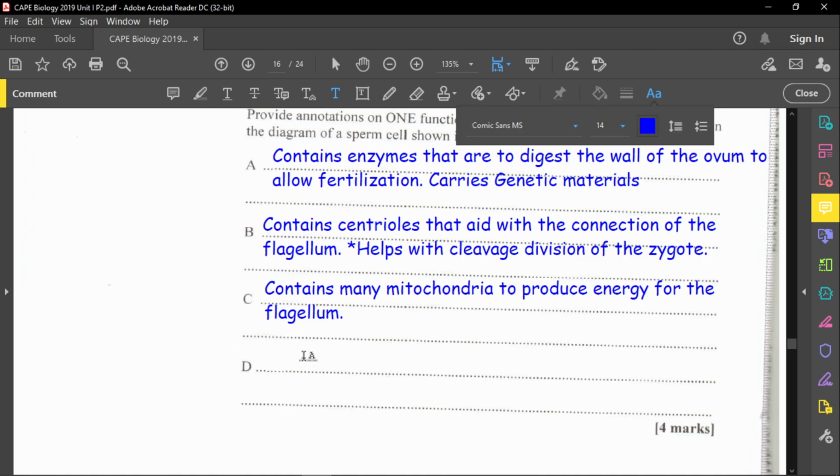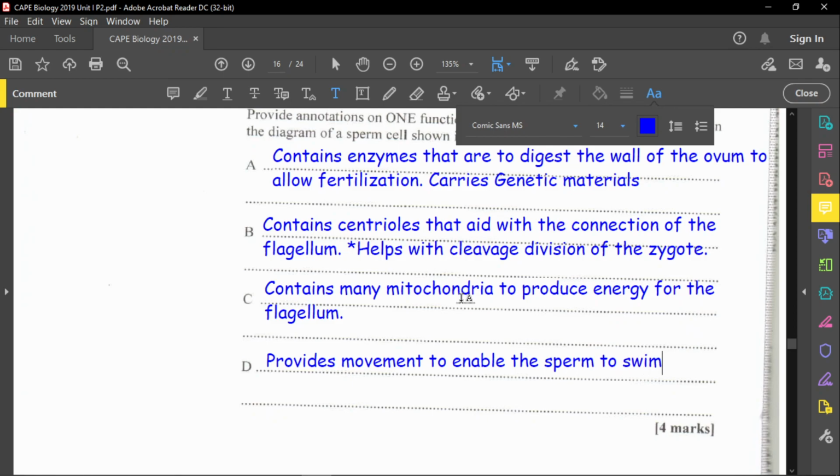All right, and so the flagellum now, which is the last part, provides movement to enable the sperm to swim. It is swimming along the female reproductive tract.